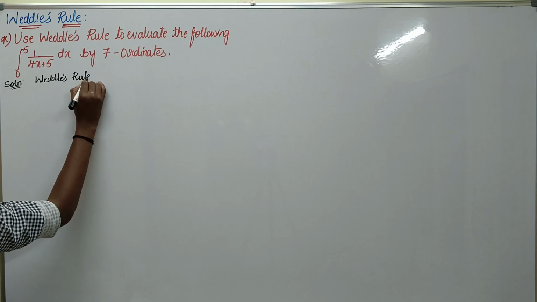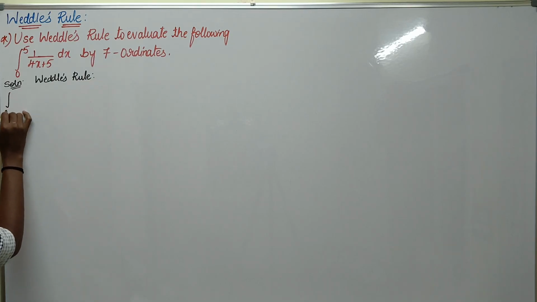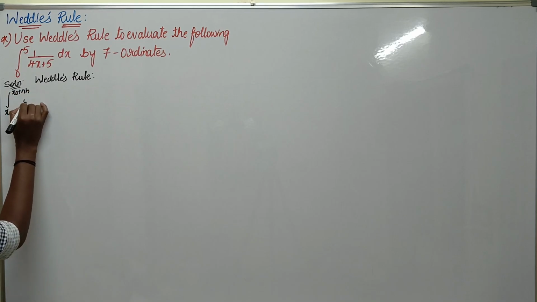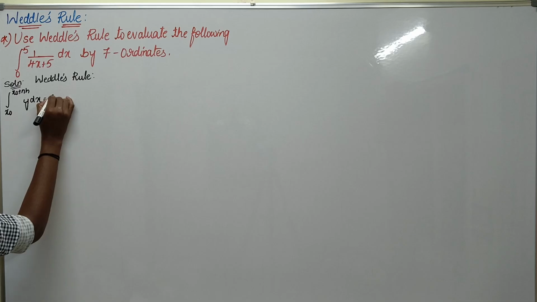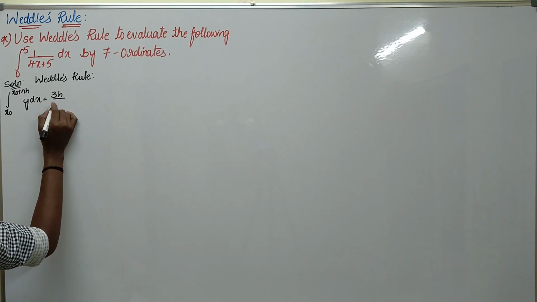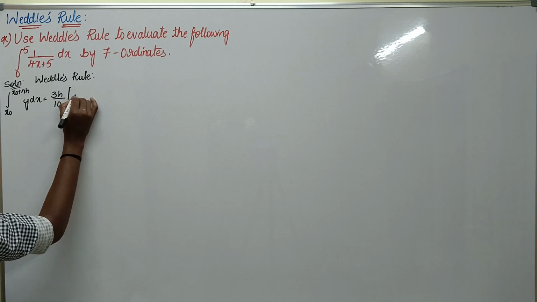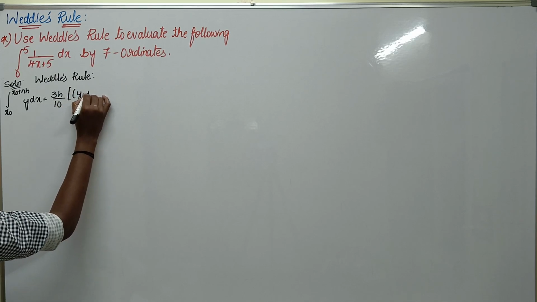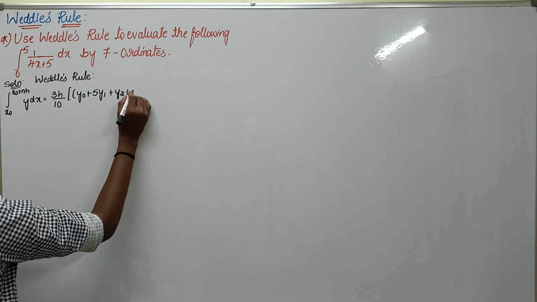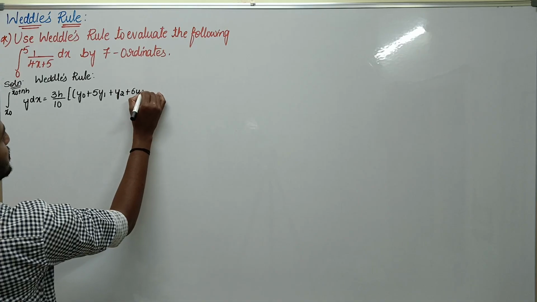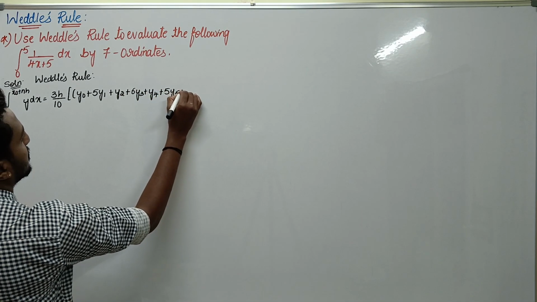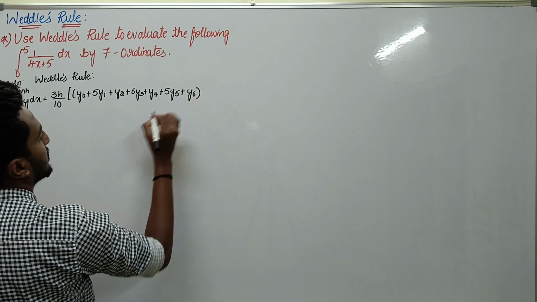Weddle's rule is given by integral x naught to x naught plus n into h, y dx, which is equal to 3h divided by 10 into y naught plus 5 into y1 plus y2 plus 6 into y3 plus y4 plus 5 into y5 plus y6.